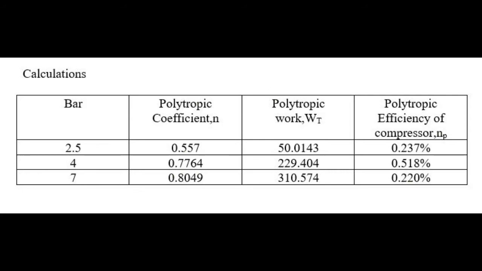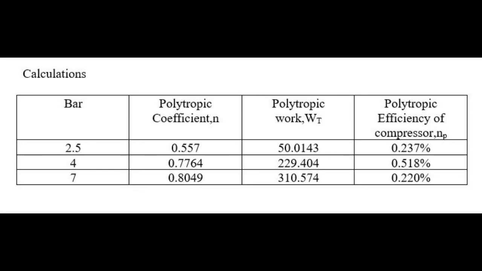Next, for polytropic work, the total work obtained for 2.5 bar is 50.0143 kJ per kg, for 4 bar 229.404 kJ per kg, and lastly for 7 bar 310.574 kJ per kg.